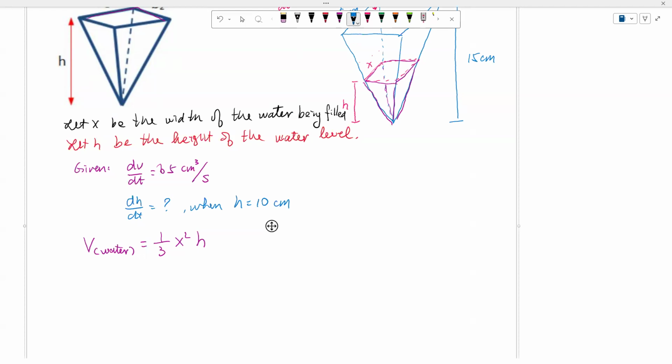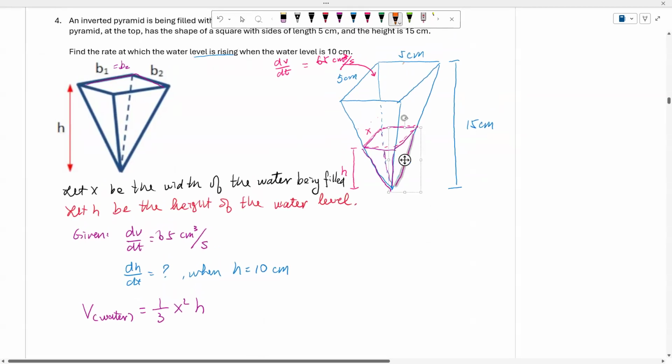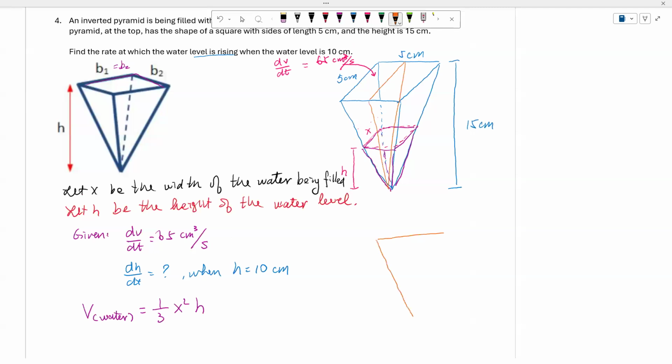What I would like to do is cut the perimeter this way. Then the cross section looks like a triangle.